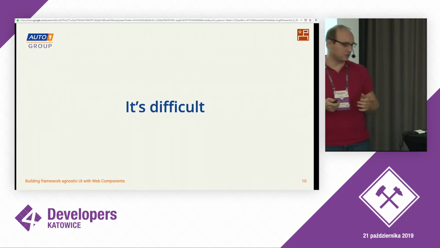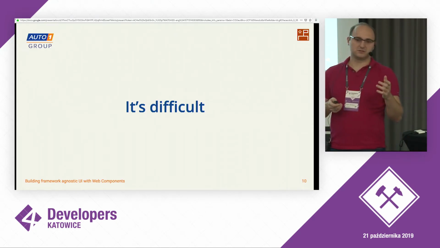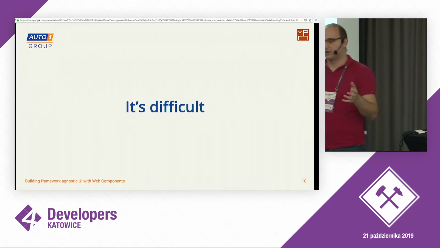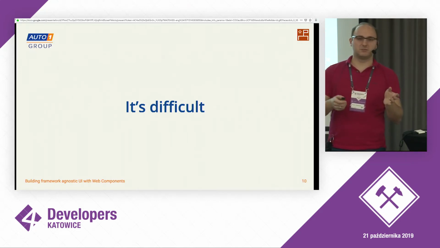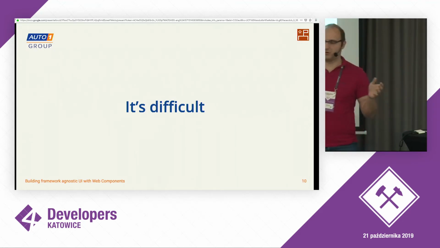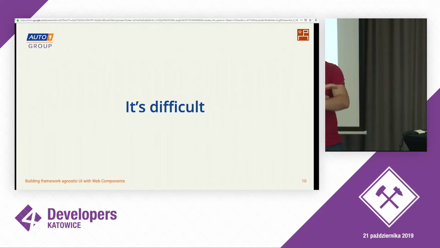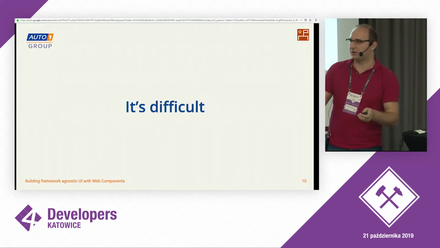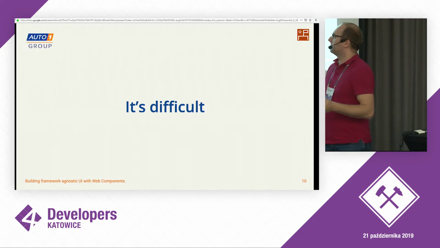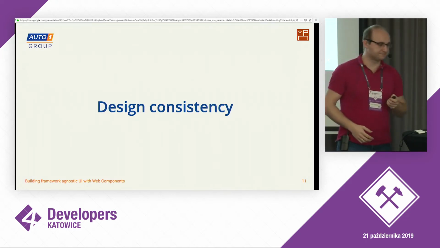So, for instance, there might be a drop-down component. In the CMS, it might be just a list of categories. In other places, it can be, for instance, a list of places that contains a lot of information and a lot of possible actions that can be implemented. And it was difficult to think about these possibilities.